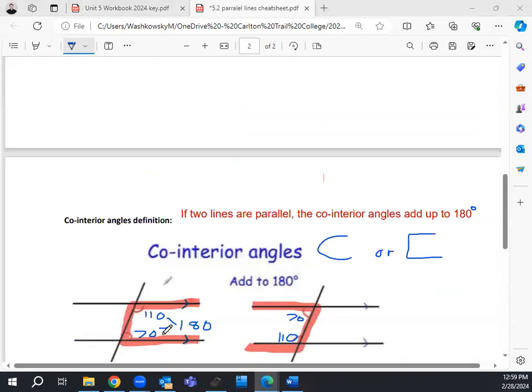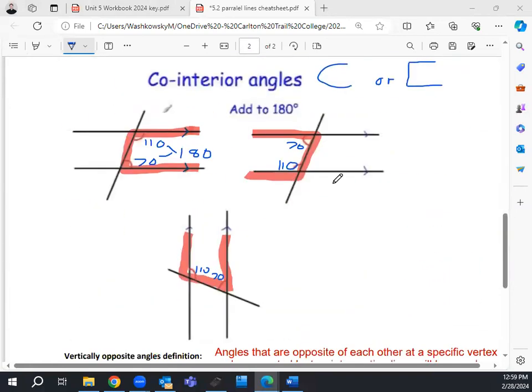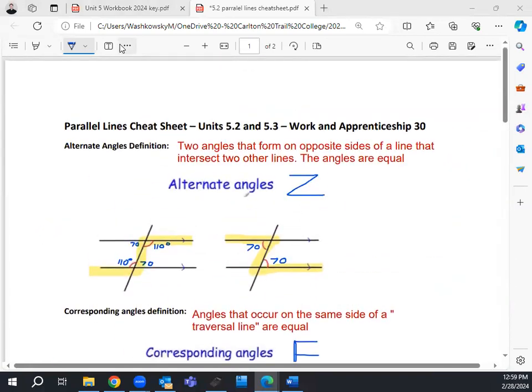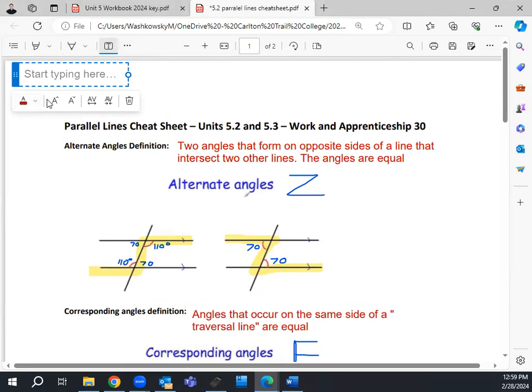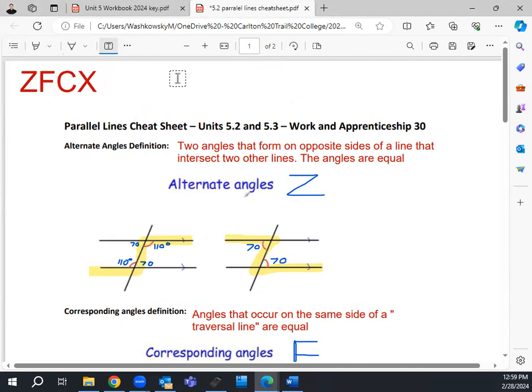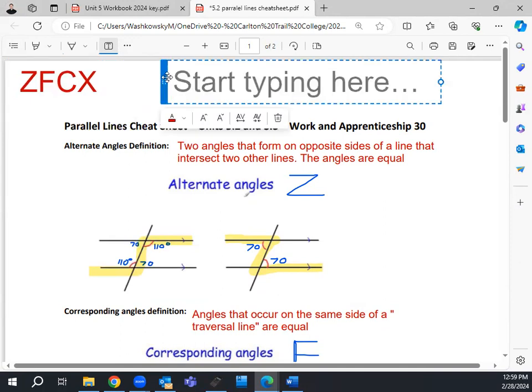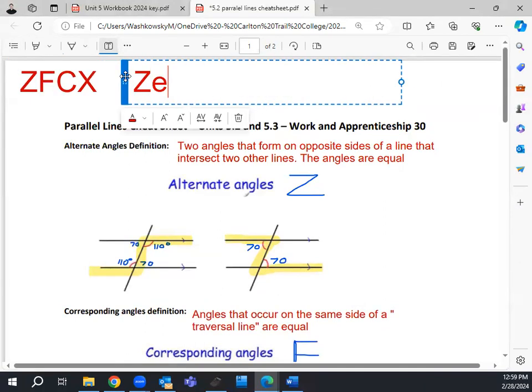We've got four different things here: a Z, an F, a C, and an X. How can you remember that? I like using a little phrase.